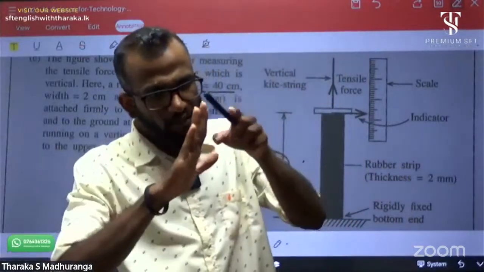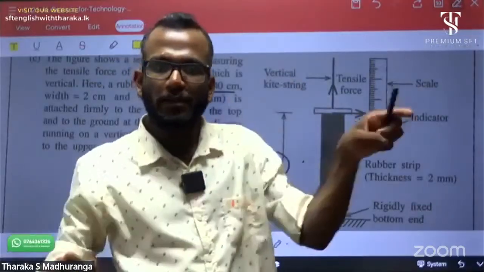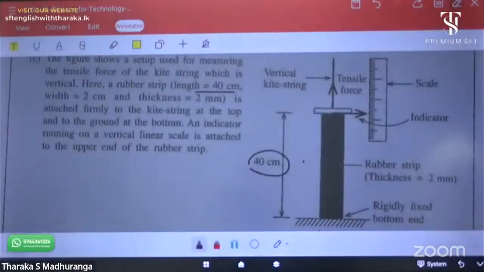It's just a rubber string, like a strip. It's not a rubber rod.